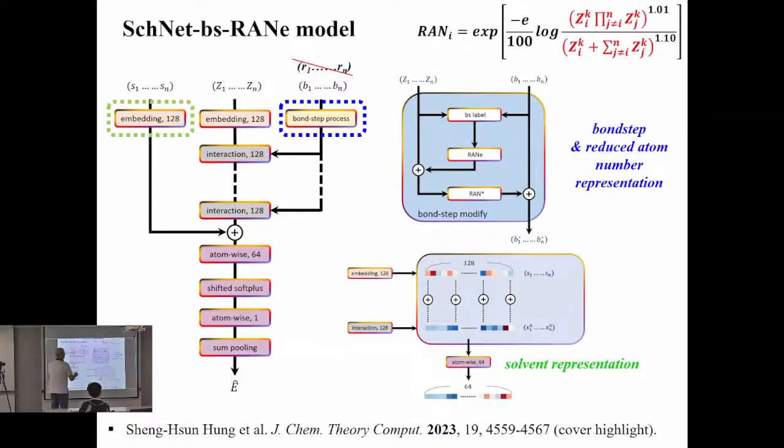And then we call this reduced atom number representation. And then we take this as a multiplier to each bond step. So we kind of stretch the value of the bond step to include a little bit of inter-atom correlation, okay? So that's how we do this.